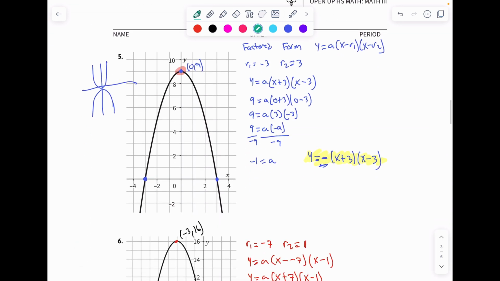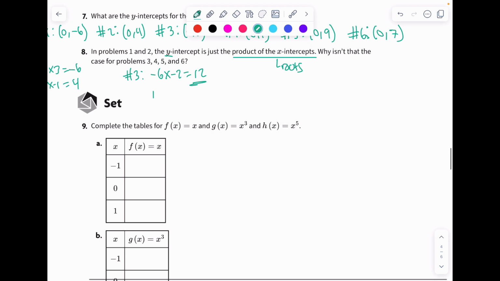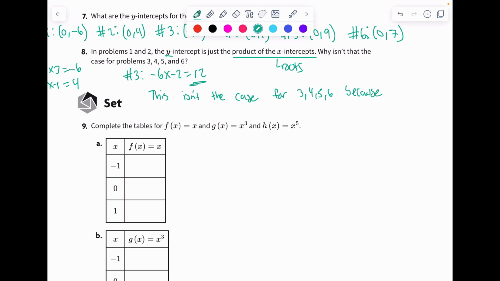There's a scale factor. This isn't the case for 3, 4, 5, 6 because the leading coefficient is not simply 1. Okay?